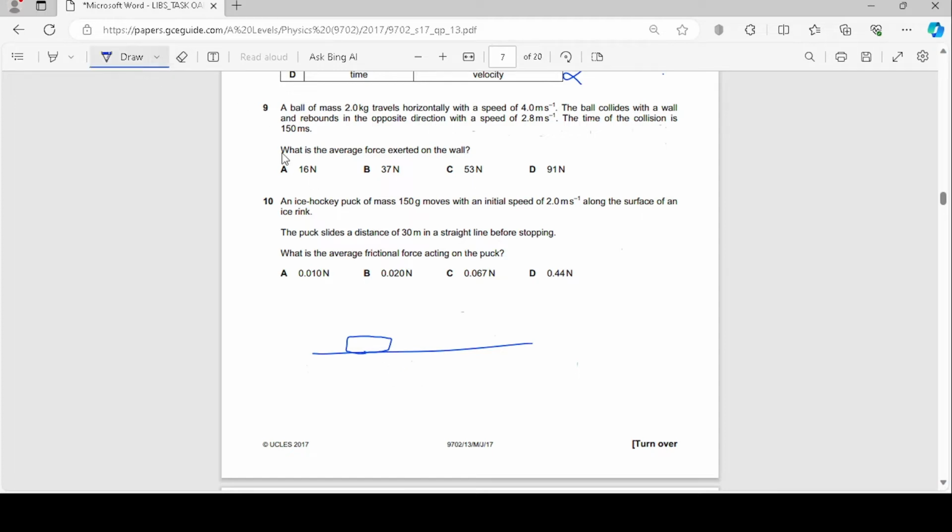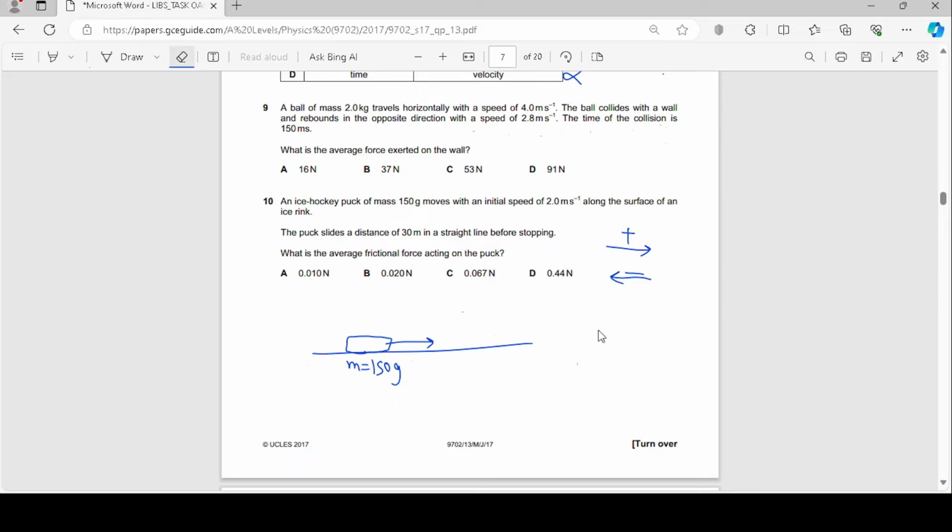I'm just going to write for now that the mass equals 150 grams, okay? With an initial speed of 2.0 meters per second along the surface of an ice rink, I'm going to assume that it moves to the right. And again, I'm going to assume that this direction is positive and the left is negative. That's just my sign convention. If you wanted to take the opposite, it's completely fine. If you wanted to consider that your ice rink is vertical or something, that is also fine.